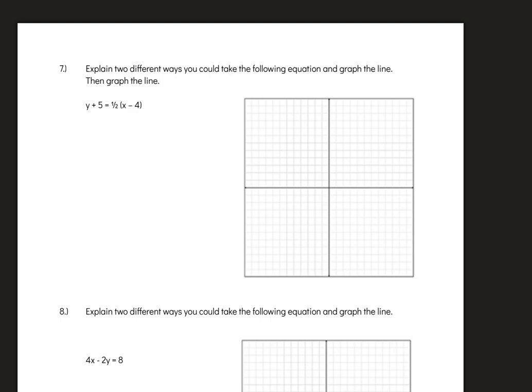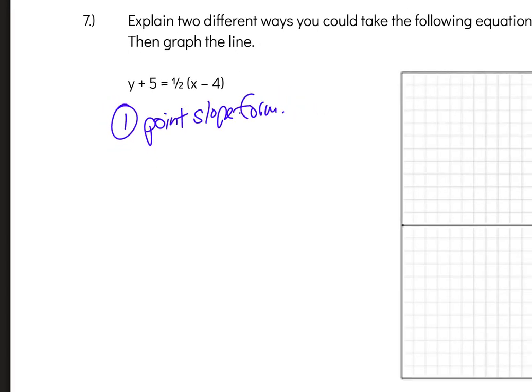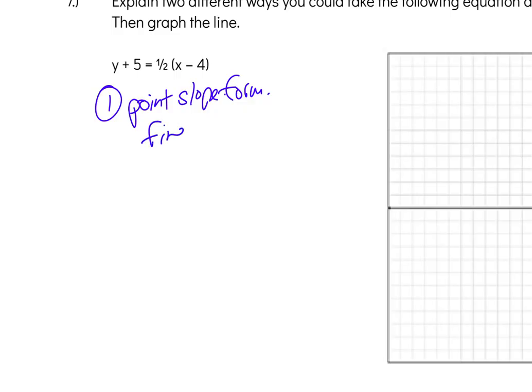Explain 2 different ways you could take the following equation and graph the line, then graph the line. Well, this is number 1 in point slope form. So I could find my point from it.